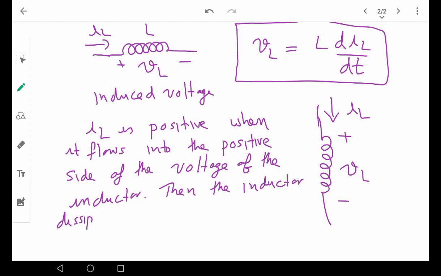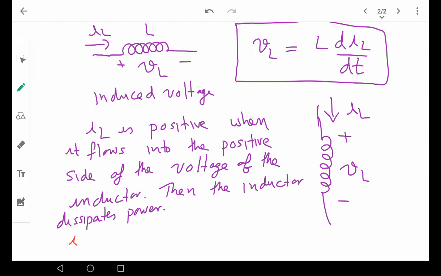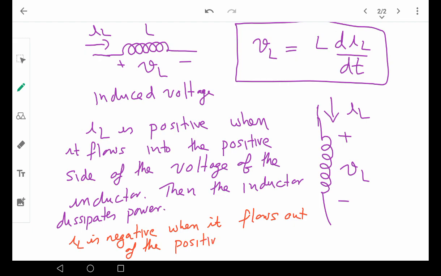Similarly, IL is negative when it flows out of the positive side, and you can say that the inductor releases energy.